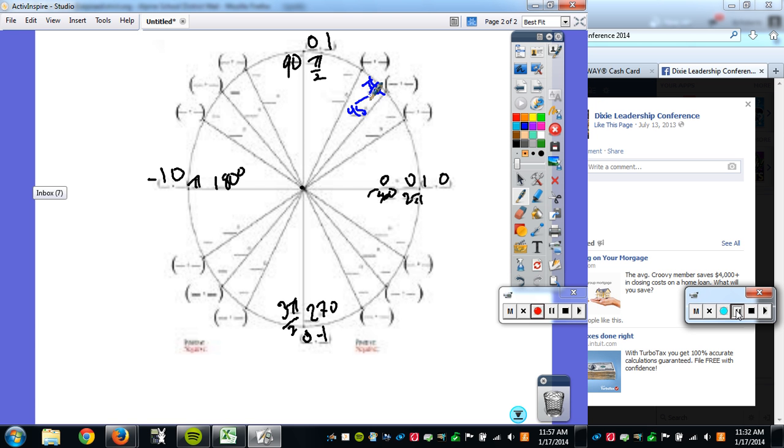Notice this is 45 degrees from here to here, correct? This is also 45 degrees. So if I go 180, cut back 45, this would be 135, or this is 4 pi fourths, correct? Pi is 4 pi fourths. Cut back pi fourths, this guy is 3 pi fourths.